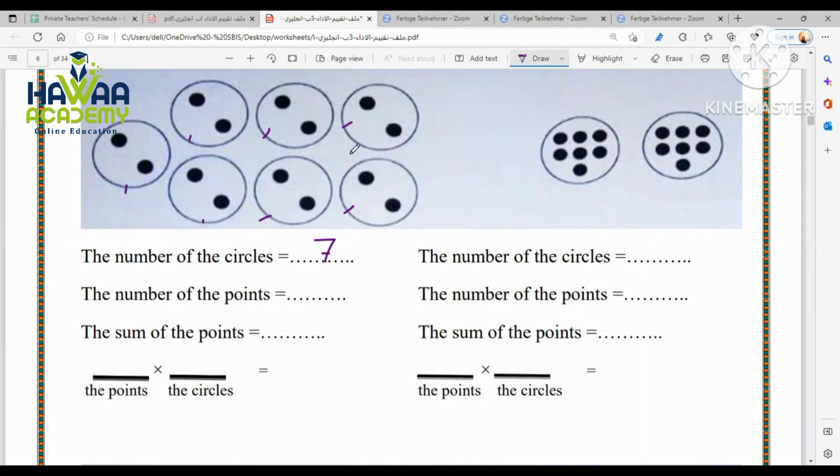How many points in each circle? It seems 2. So I have 2 points and 7 circles. So now I want to know the sum of points. I know I can count by twos. So it's 2, 4, 6, 8, 10, 12, 14.